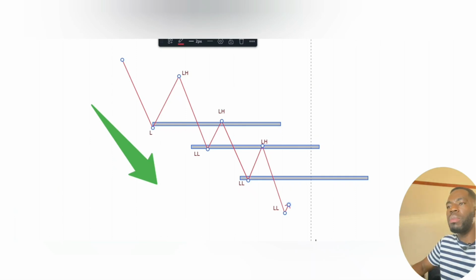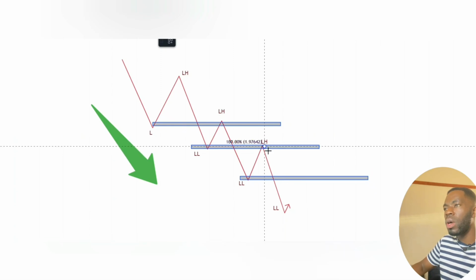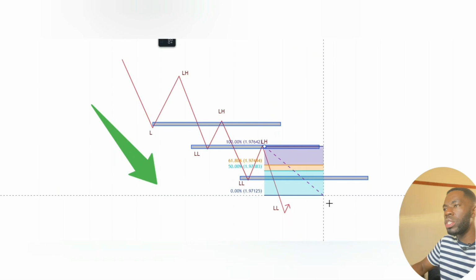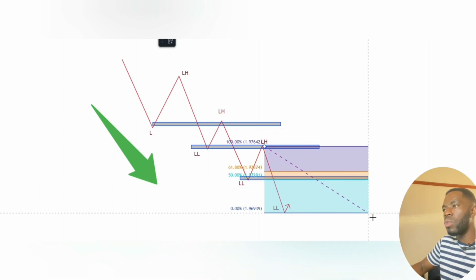So we are looking for a premium price here. So we use our Fibonacci tool. We drag it from the most significant high, which is this one, to the most significant low, which is this one here, and we drag to the right.